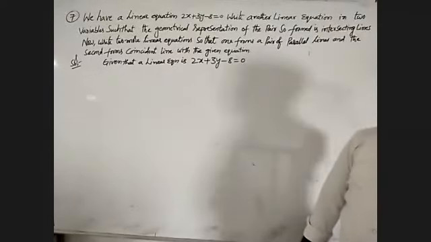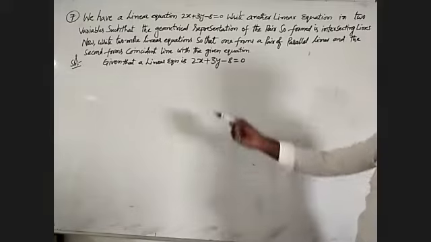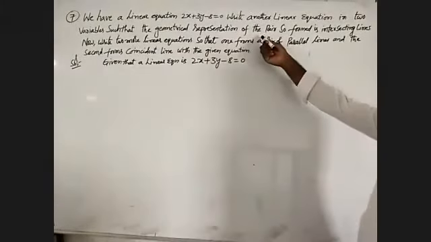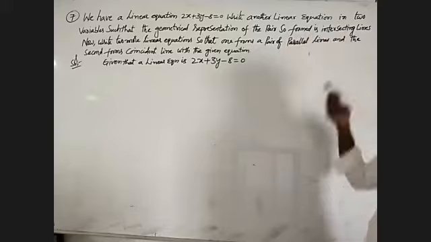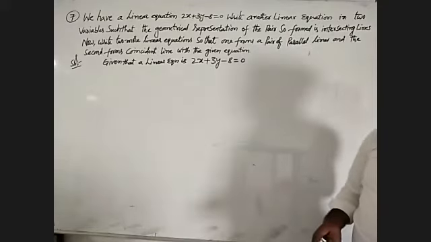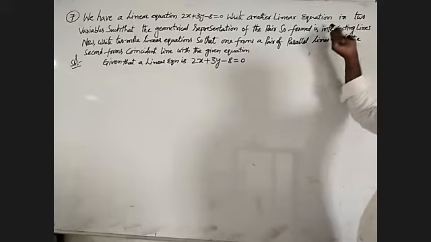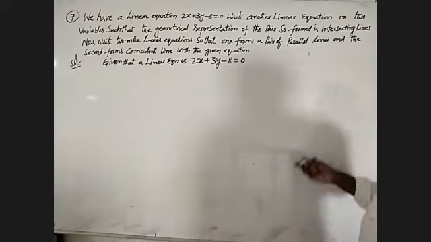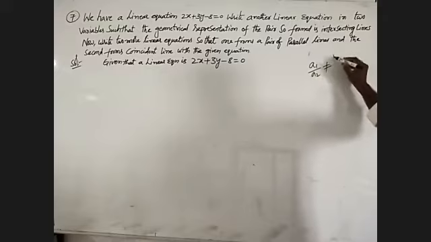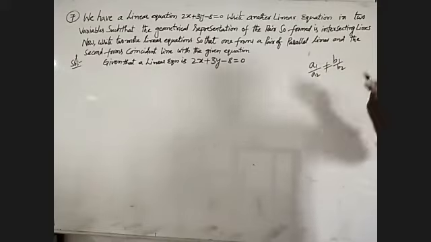We have to take another linear equation in two variables such that the geometrical representation of the pair so formed is intersecting lines. Already told in previous class. Intersecting lines formed by a pair of linear equations means the given condition is a1 by a2 does not equal b1 by b2.